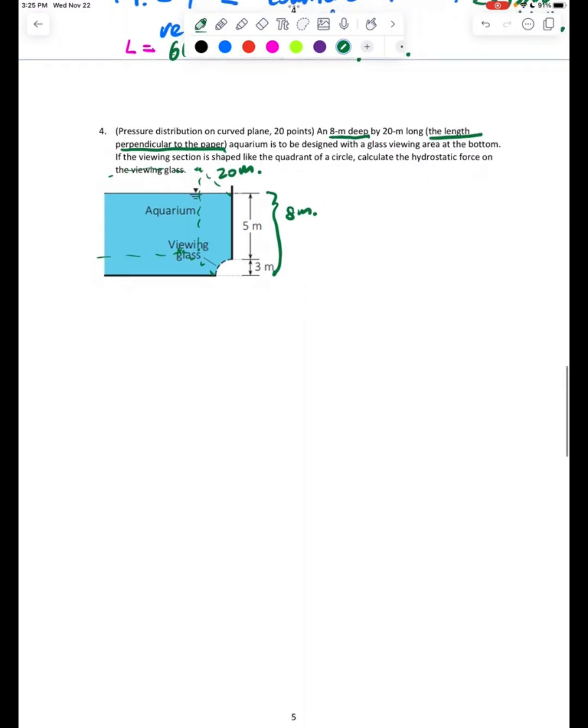There are a lot of ways of dealing with this, but what we want to show is we can first calculate the horizontal force Fx. For Fx, what should be its projection?